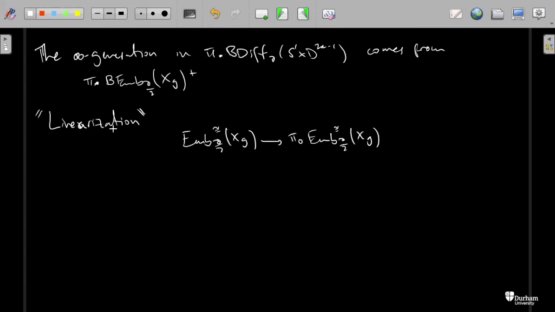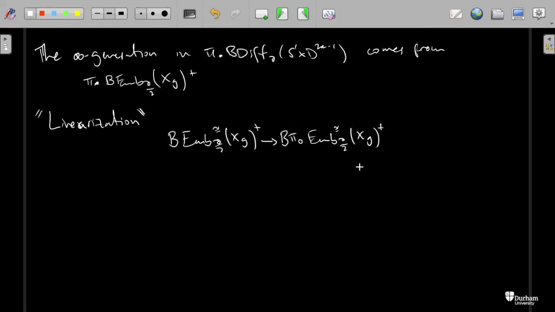And again, I don't really care about these spaces. I care more about their classifying spaces. So I can just induce a mapping on classifying spaces. And again, by the previous discussion, I don't really care about this space. I care more about its plus construction.